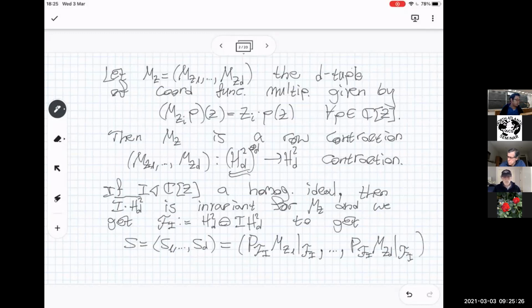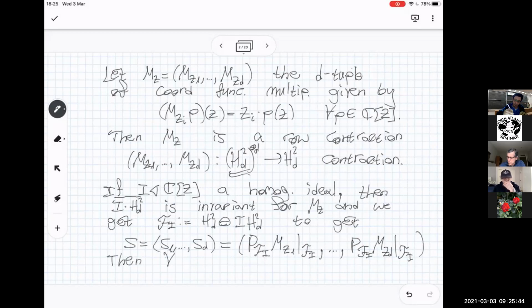And now what's nice about this new tuple is that it is the universal tuple for commuting row contractions that satisfy the constraint in the ideal I, or the homogeneous relations in I.